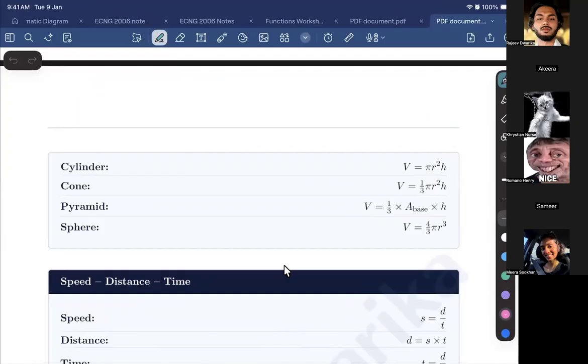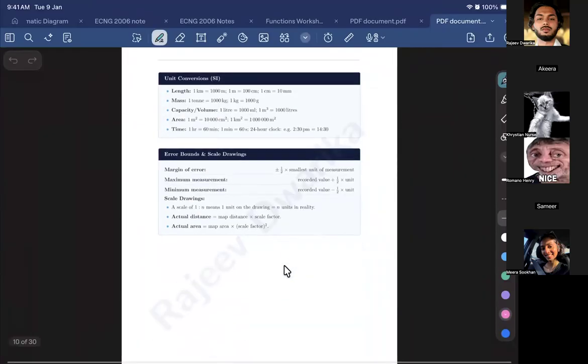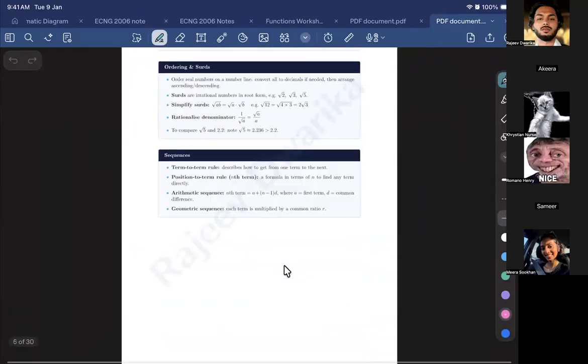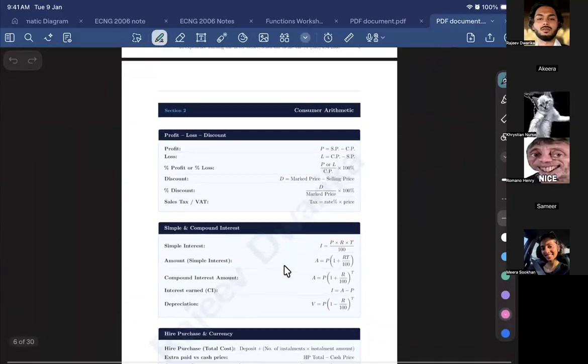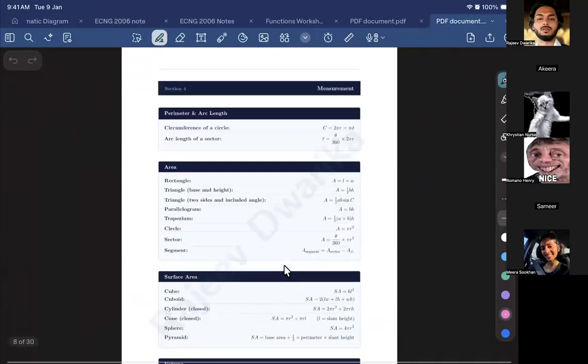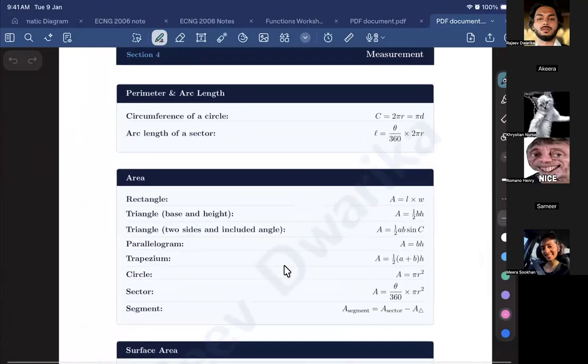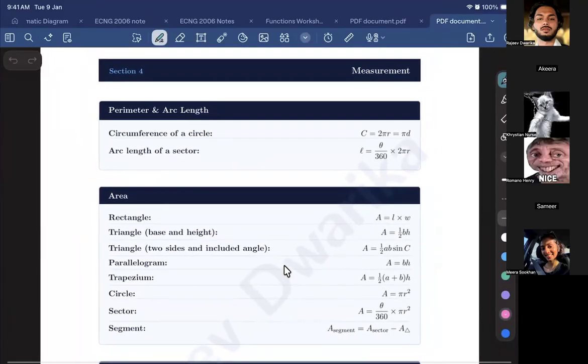Romano, I love these formula sheets and formula booklet because I have everything for probability.